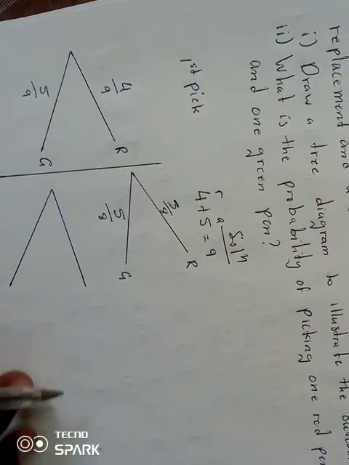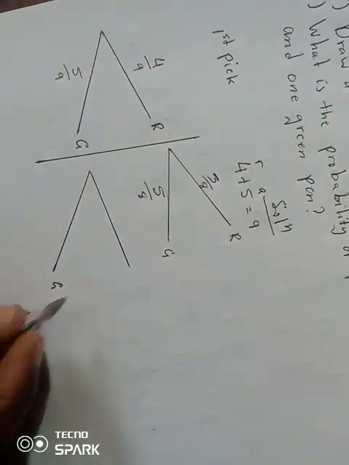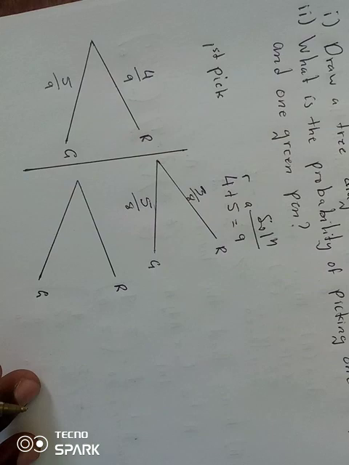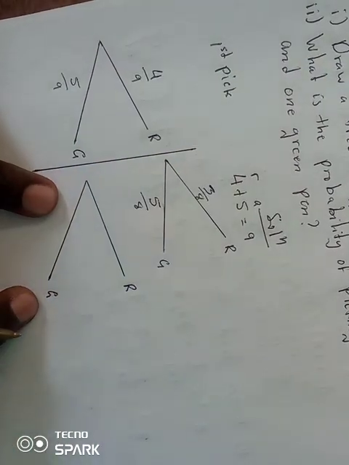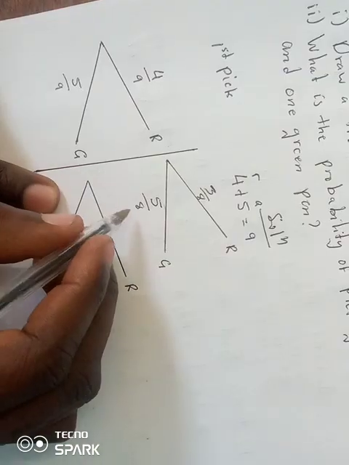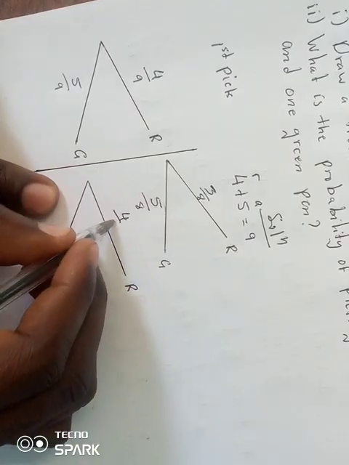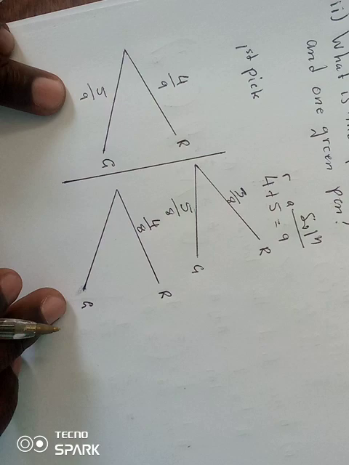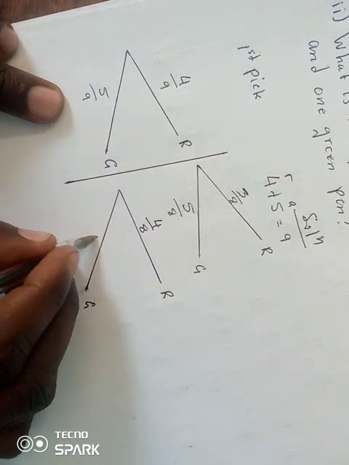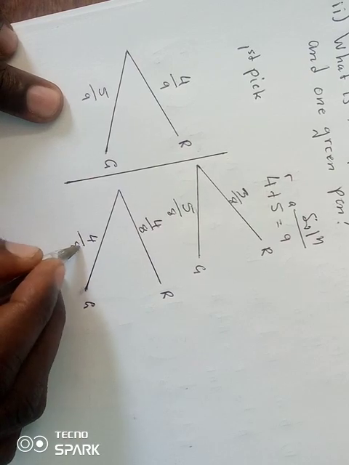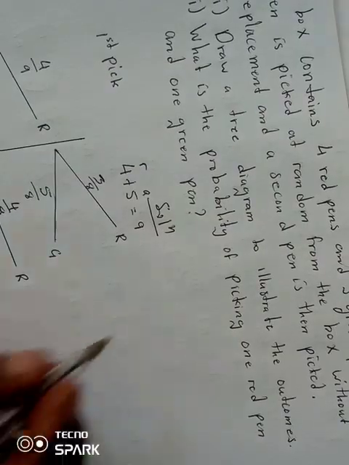Okay, so here we've got green, here we've got red. So let us assume here the green one was picked. So meaning we're going to have 4 over 8. So if the green one was picked, we'll subtract 5 minus 1. That will give us 4 over 8.